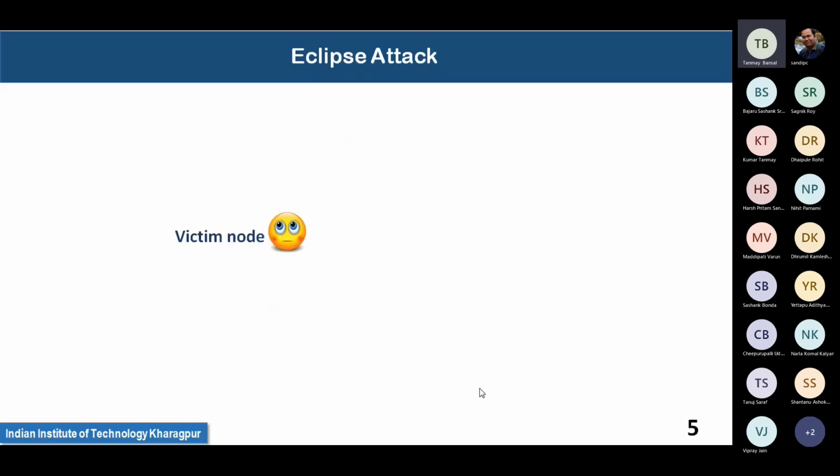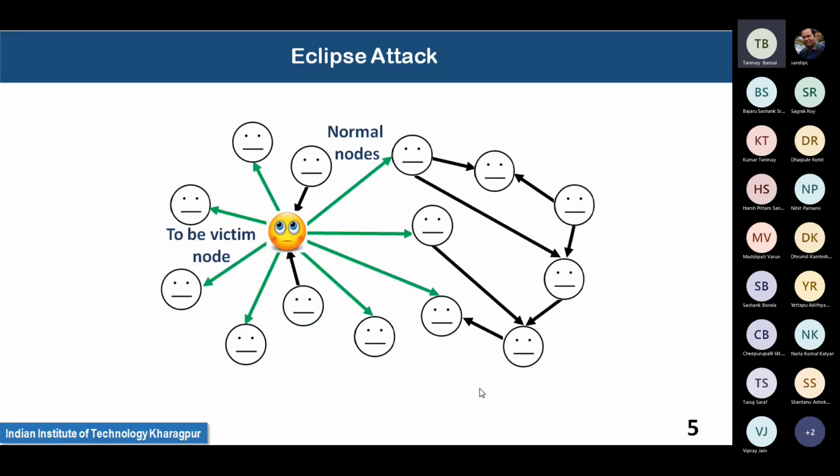But in this example, as we'll see, instead of the nodes surrounding this targeted victim node being good, or at least part of them being good, the end target of an Eclipse attack is to ensure that all its peers are actually rogue nodes, in the control of the attacker. And because it is now cut off from the rest of the network, it is sort of eclipsed from the rest of the network, and that's why it's called an eclipse attack.